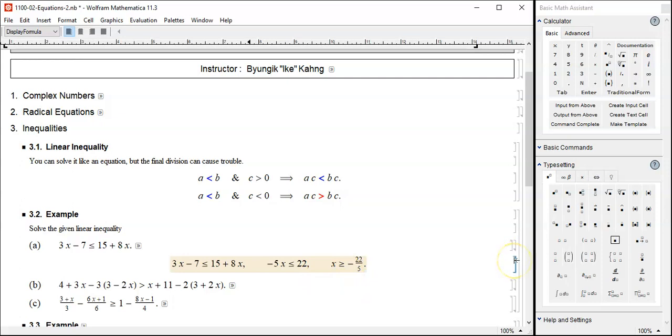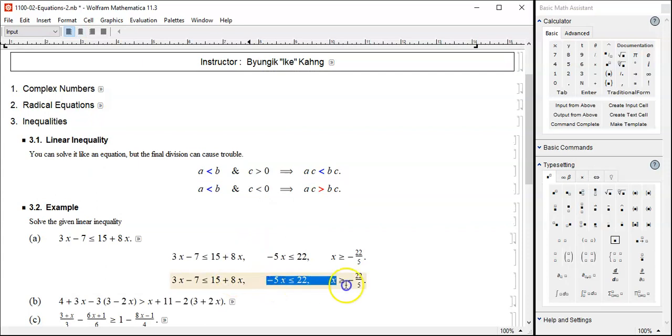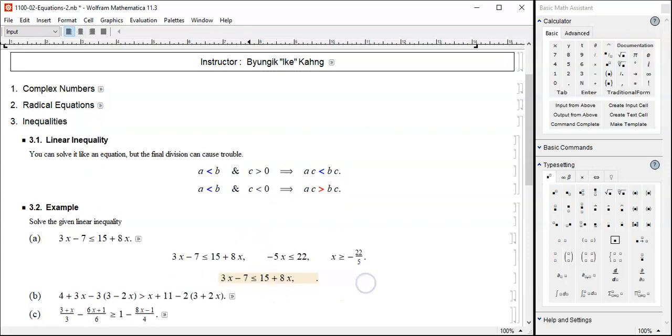Or you can do it like this. Let's see. We have 8x here, 3x there. So if I flip the 3x to the right-hand side, then I won't have to meddle with multiplying by or dividing by a negative number. So let's go ahead and do that. Flip this 15 to the other side.